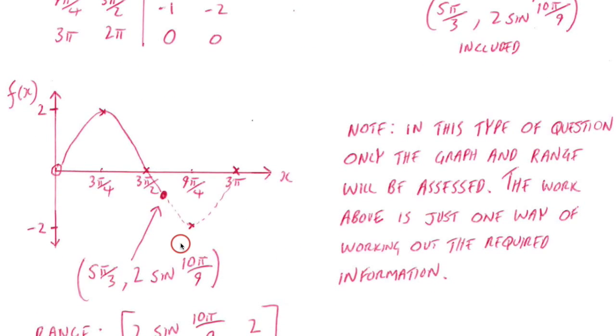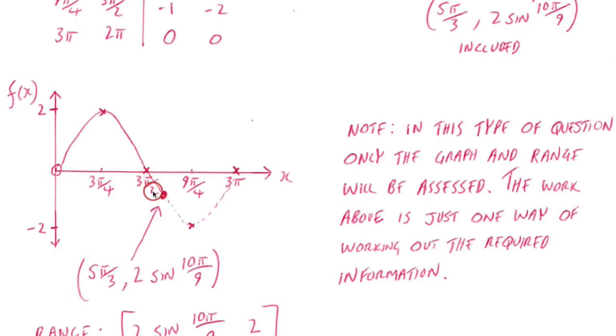Now, you might be sitting there asking, how is it that you know that 5 pi on 3 is somewhere around here between 3 pi on 2 and 9 pi on 4? Whenever dealing with radians in this type of problem, I always try and think of making it easier for me by converting it to a decimal.